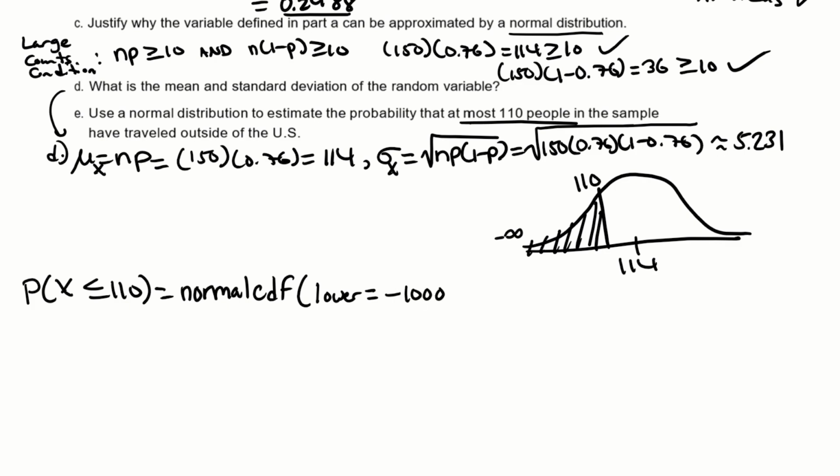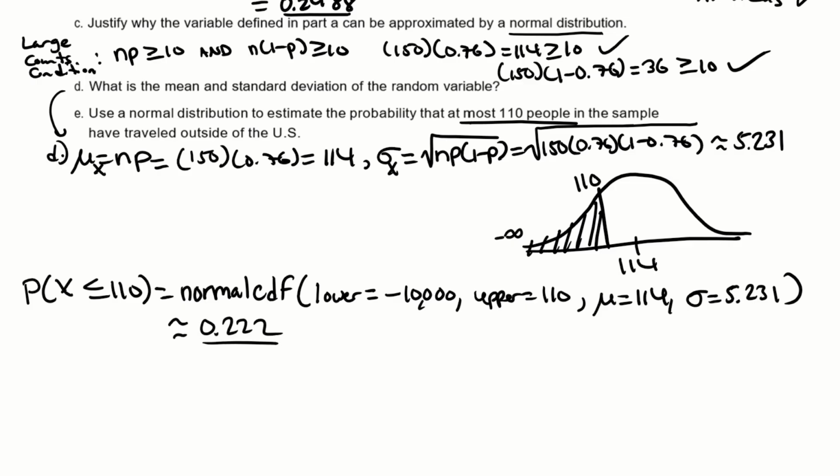The upper is 110, and then our mean is 114, and our standard deviation was 5.231. So we're going to calculate that. We're going to get the answer right away. So it's about 0.222 approximately.